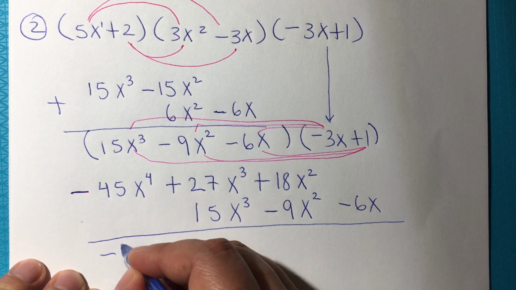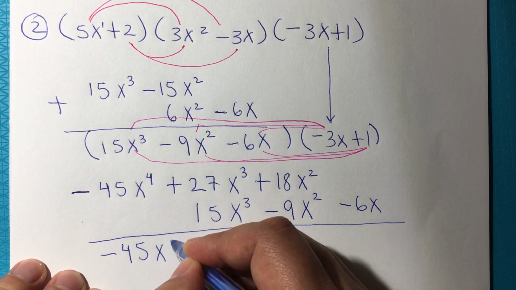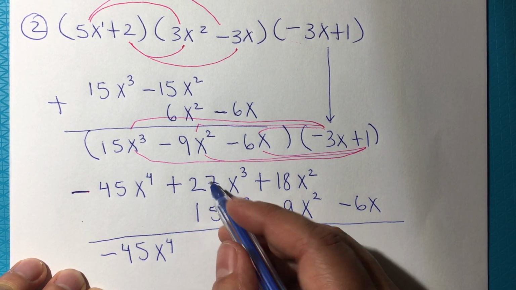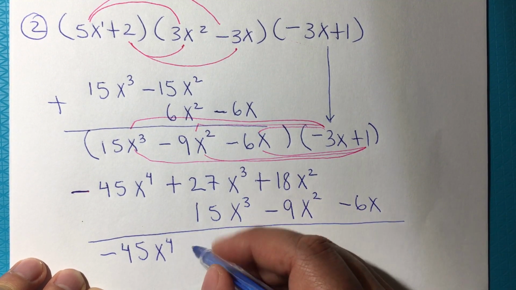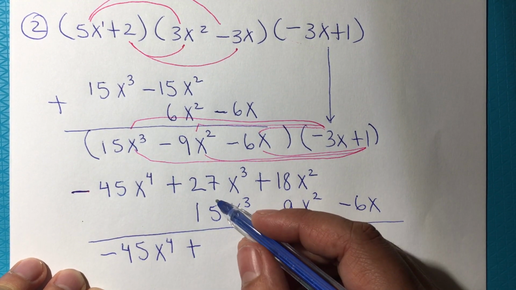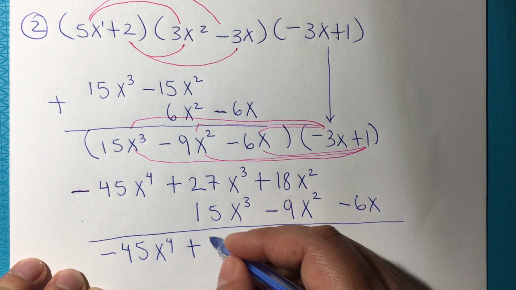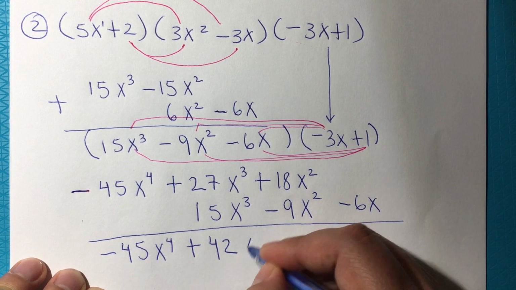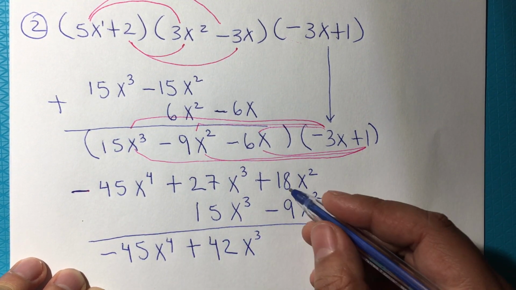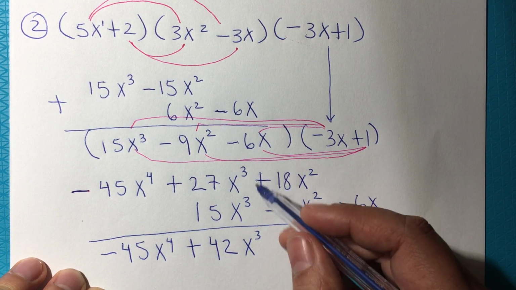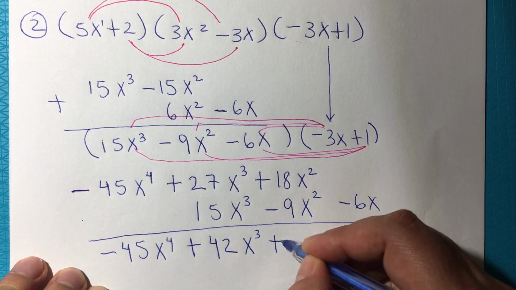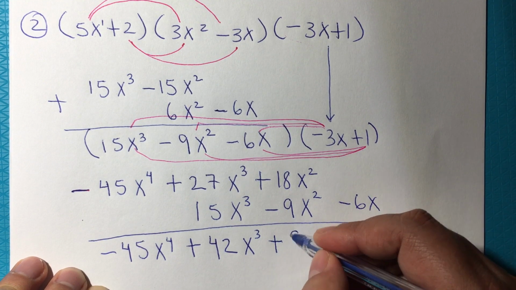And we get negative 45x to the 4th. In here, because both are positive, we add and it's going to be positive. And we get 42x to the 3rd power. In here we subtract and we're going to leave the greater sign, so positive. And 18 minus 9 is 9.